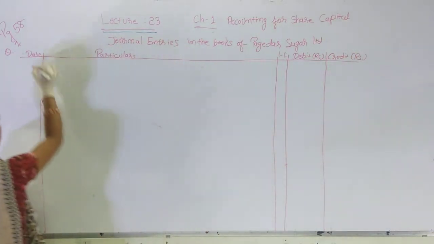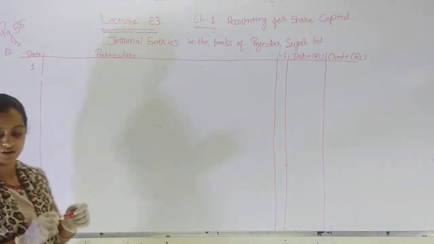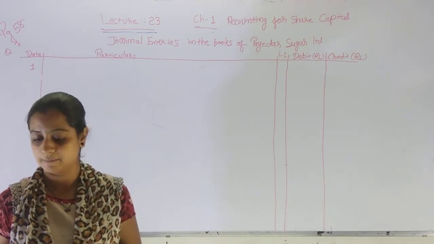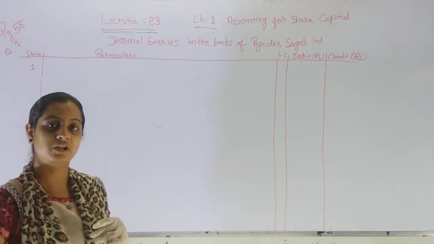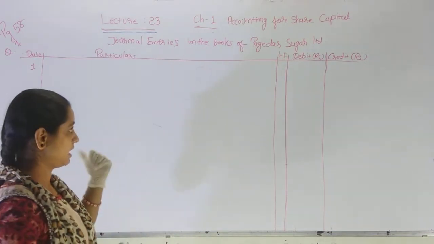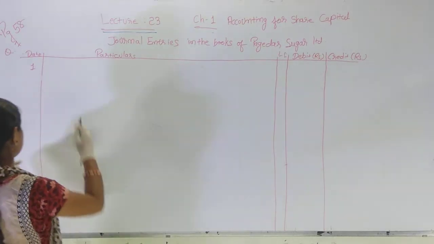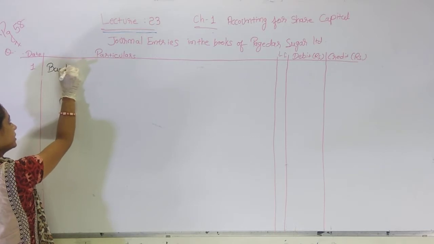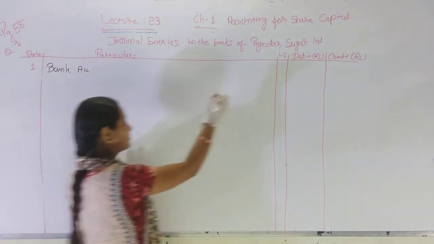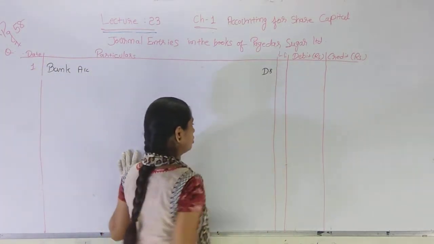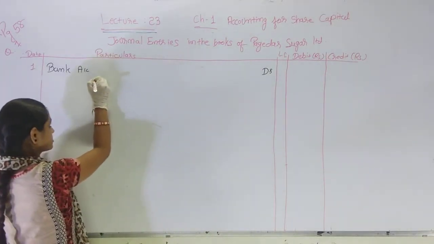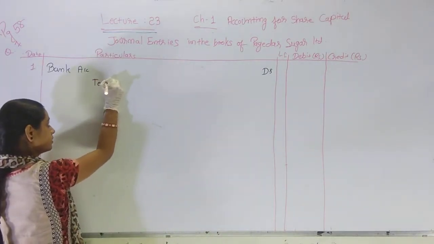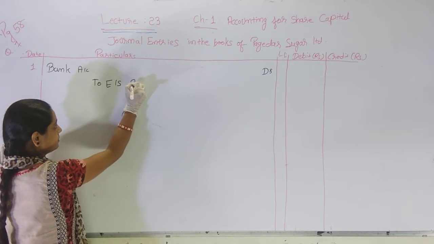First entry. See, first entry will be for receiving application money. The first 2 entries will be connected with application money, right? In first entry we are receiving the money. So we have to write bank account debit to equity share application account. Hope all of you have revised the format.